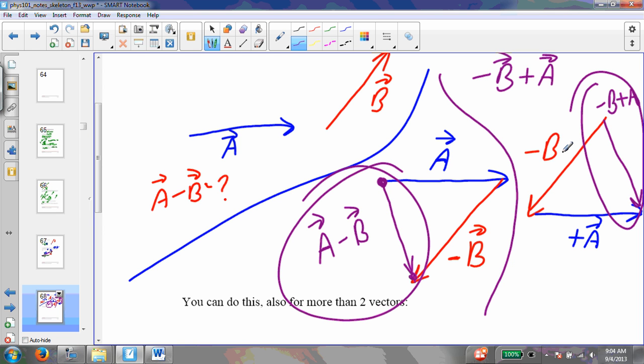Those two vectors are the same. I think that's called the commutative property of vectors. You'll get into the different properties of vectors a little bit in Calc 3. All right, so A minus B equals negative B plus A.